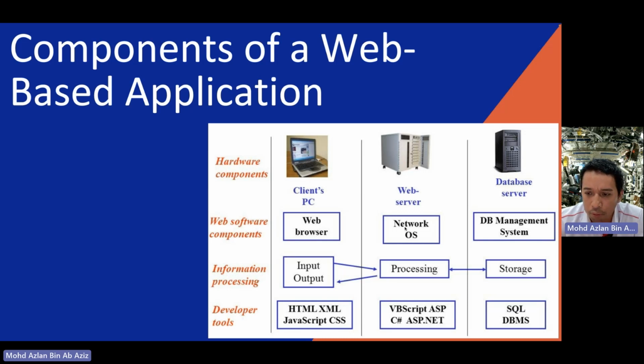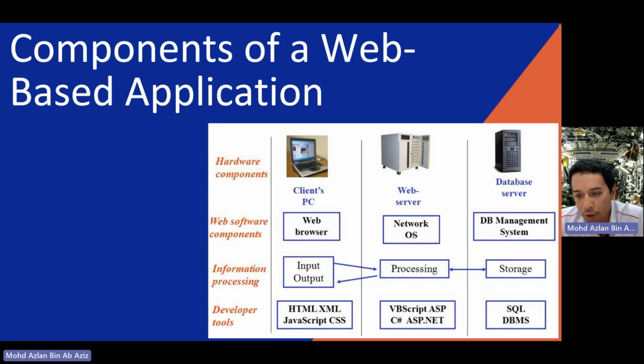It will take the input and process it. If you require data, it will fetch it from the database server. And the storage will then return the output from its database. This can be any kind of database, whether it's SQL or NoSQL. There are so many of them. We will see them later on.